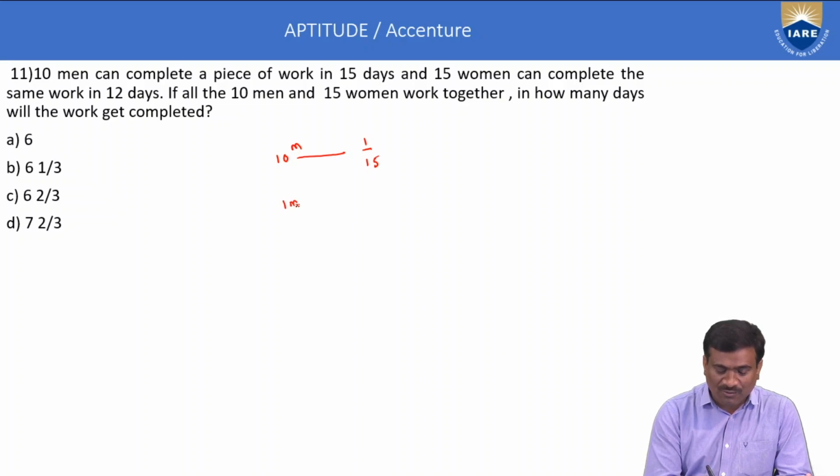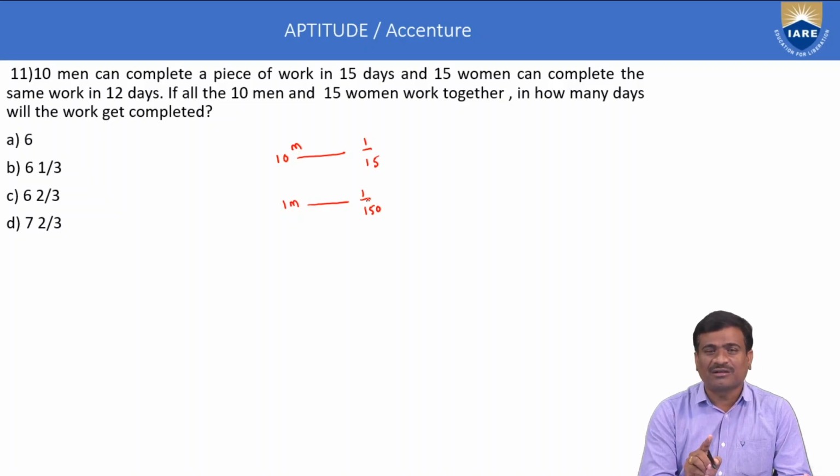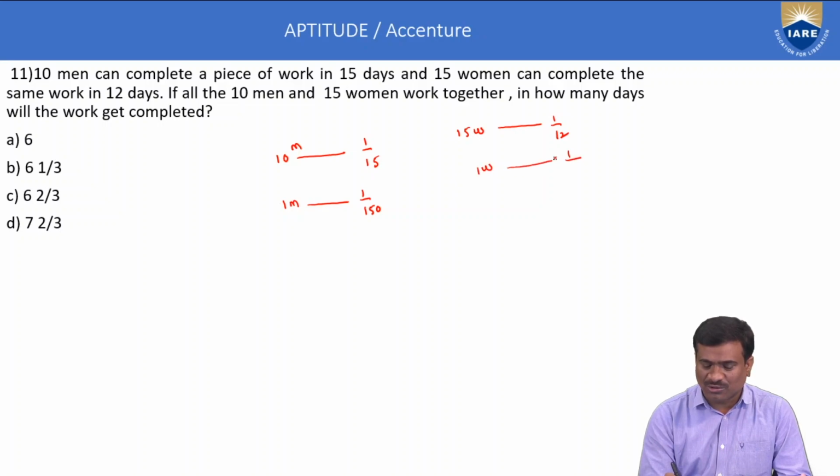Then 1 man's 1 day work is 1 by 10 into 15, which is 150. Similarly, 15 women's 1 day work is equal to 1 by 12. Then 1 woman's 1 day work is 1 by 12 into 1 by 15.